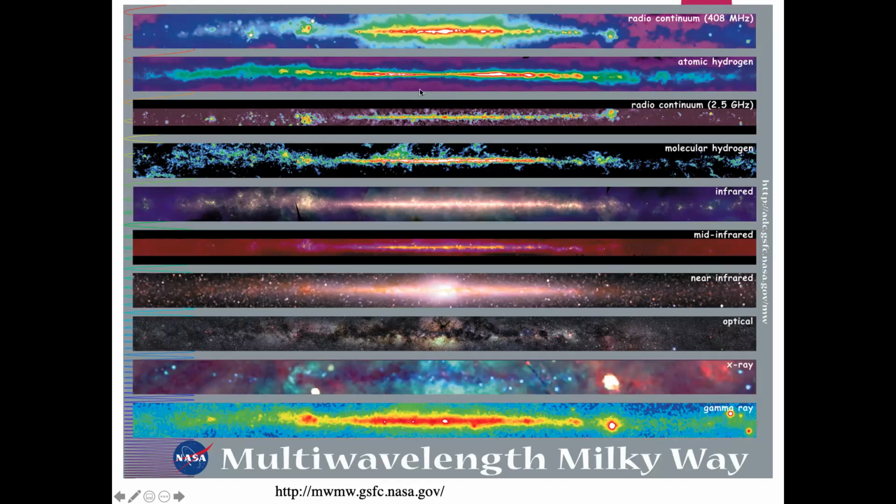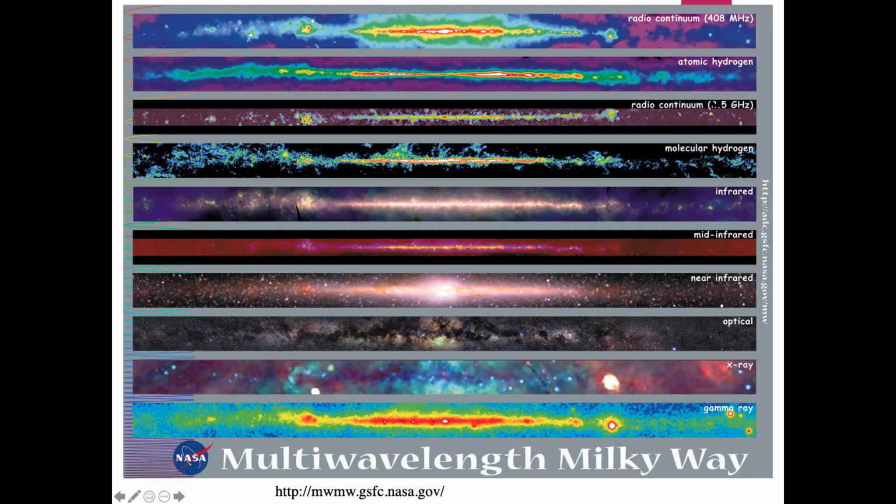But you'll notice that as you go from picture to picture, they look different depending on what kind of light you're using to look at it. And each one of these tells us a different part of the story. So it's not unless we're looking at the universe in all wavelengths that we can really paint a full picture.